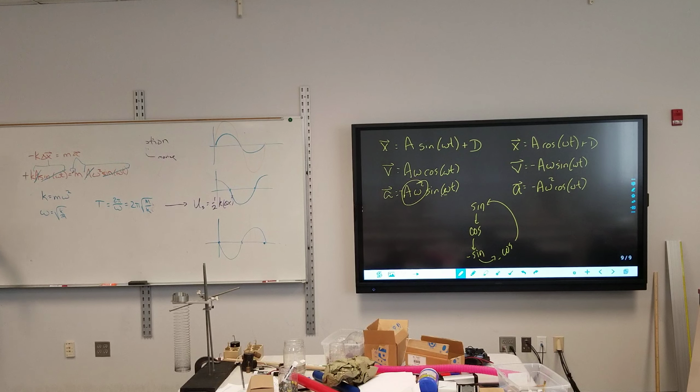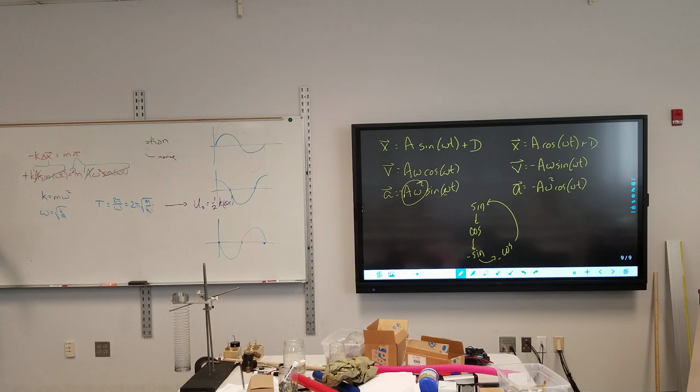My frequency is 1 over my period, and that's going to be equal to 1 over 2 pi square root of k over m. But square root of k over m is just omega, so that's equal to omega over 2 pi, which matches what we got here. Or omega is equal to 2 pi times the frequency.